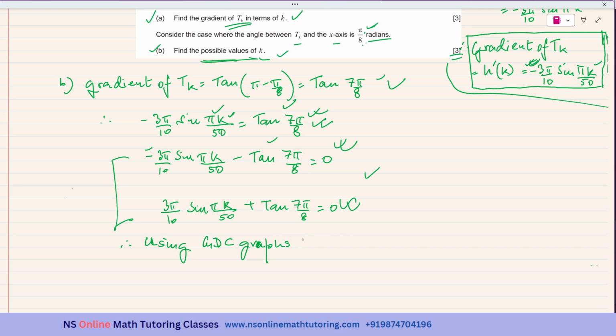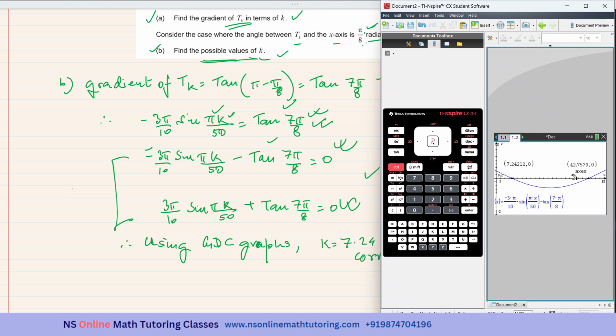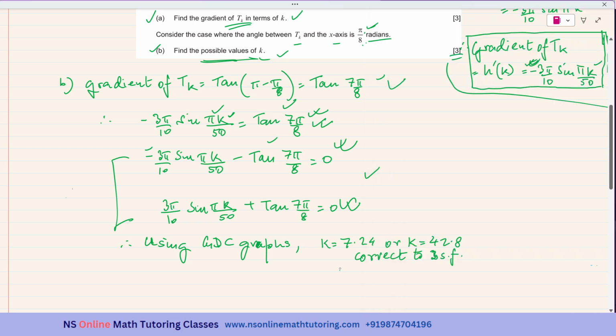So using GDC graphs, k is equal to 7.24 or k is equal to 42.8, correct to three significant figures. Let us check once more. 7.24 and 42.8. Okay. So this is the answer for the subpart B.